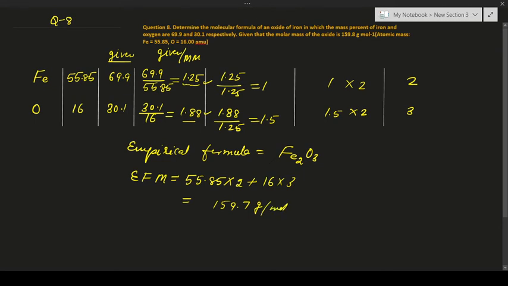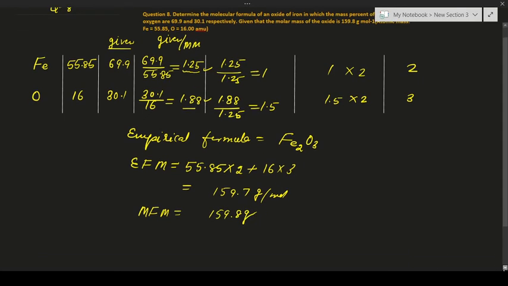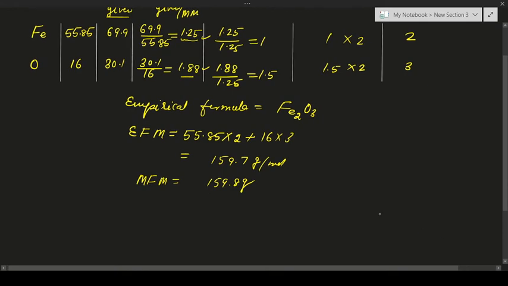And we have been given that the molecular formula mass equals 159.8 gram. And as we know, molecular formula equals n times empirical formula.